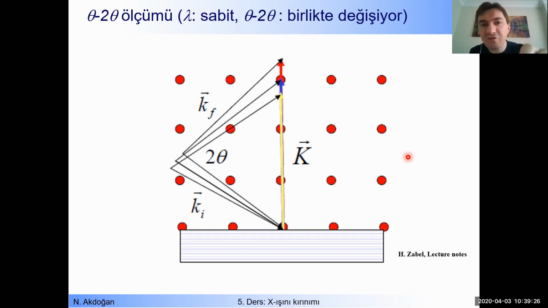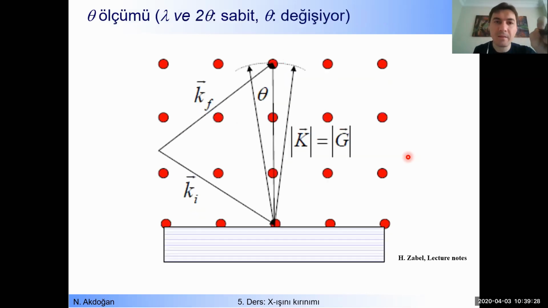You have to ensure that condition. So another type of measurement, just theta scan. In that case, we have again a monochromatic X-ray source. Lambda is constant, and the detector position is also constant. So let me draw again.